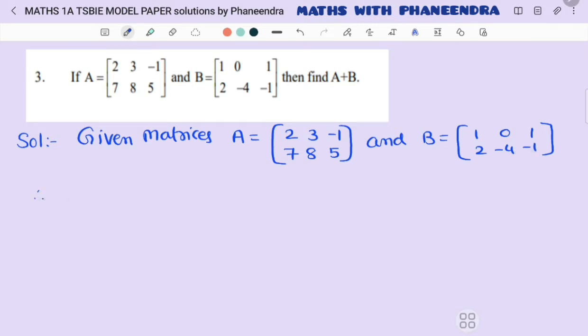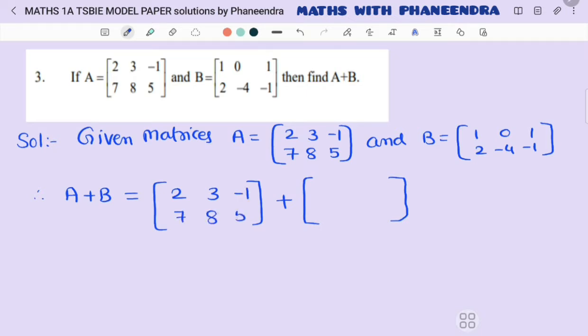So, therefore, they are asking the sum of these matrices, A plus B equal to. So, corresponding elements you have to add in both the matrices.